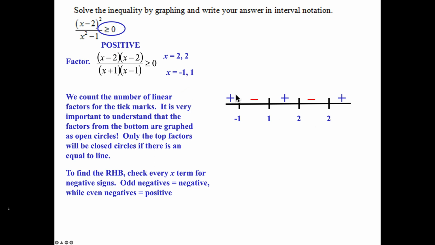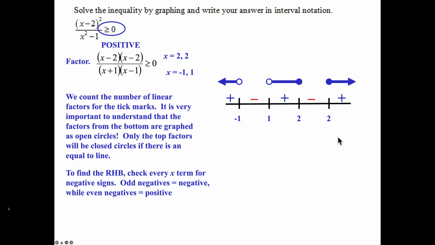The -1 and 1, these two are open circles. The 2 2's are going to be closed circles. We want to shade positive regions, so from here to the right, in between the 1 and the 2, and from the -1 to the left.